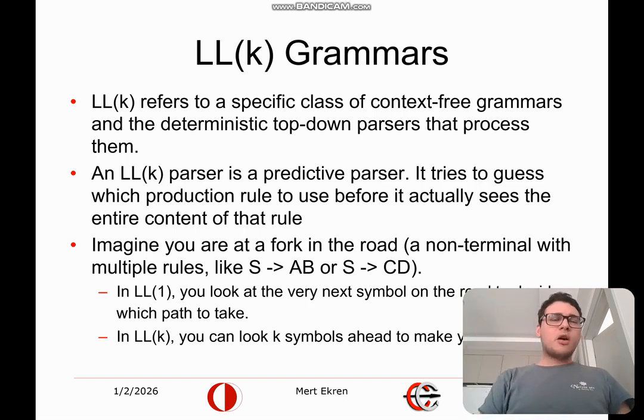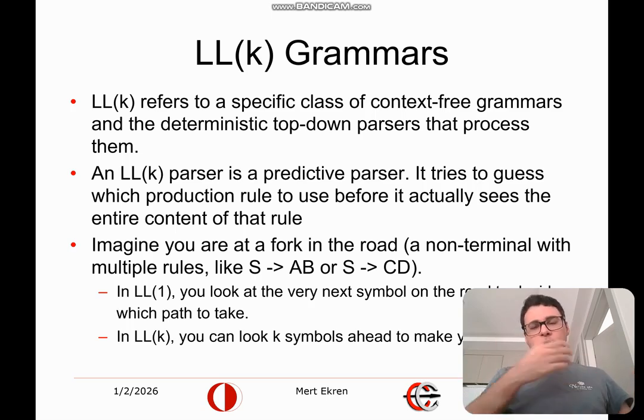LLK parsers are predictive parsers. They try to guess which production rule to use before they actually see the entire content of the rule. Think of it like this. You are at a fork in the road, a non-terminal with multiple rules, which checks K steps in the future.